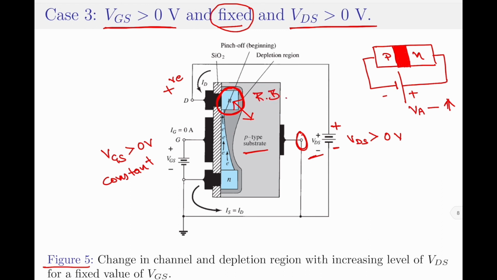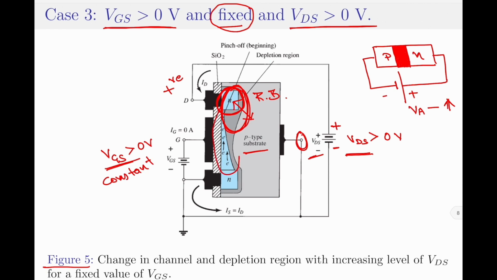Let me now apply the concept of increasing depletion region width to the depletion region between the drain and substrate. If I hold the value of VGS constant and increase the drain to source voltage VDS, then the depletion region near the drain will start to widen. You can see that at this part of the diagram. As the depletion region width increases, the effective channel width will start to decrease.